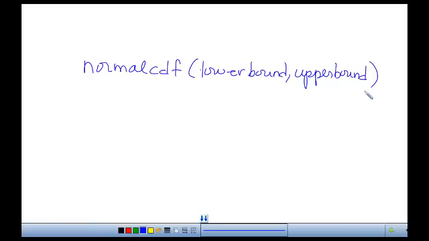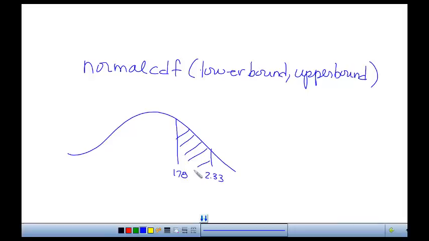We were looking at 1.78 to 2.33. If I'm interested in this area, the lower bound is 1.78 and the upper bound is 2.33. So that's what I'm going to put in on my calculator.